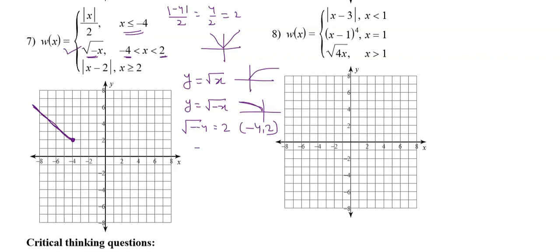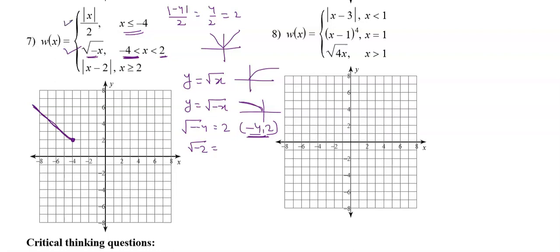It means when x is 2, the value is not defined. So there is no point actually. Anyway, let me mark this point at least. Negative 4 comma 2 is this, and in this question it is not touching negative 4. So at this point it should be a hole basically, but because the previous equation already defines it as a dark circle, we'll keep it dark, right?